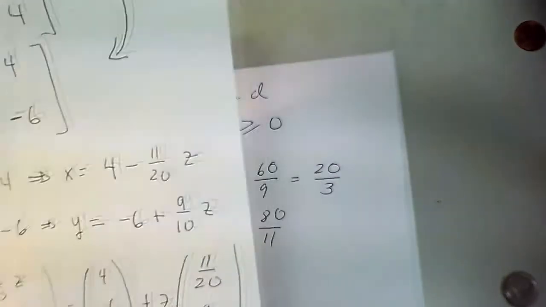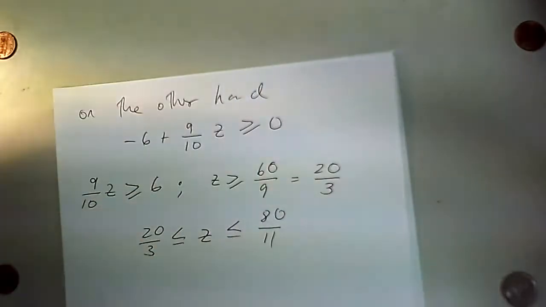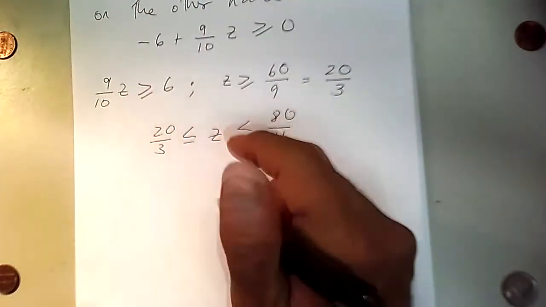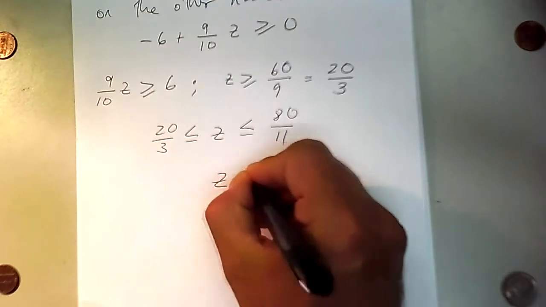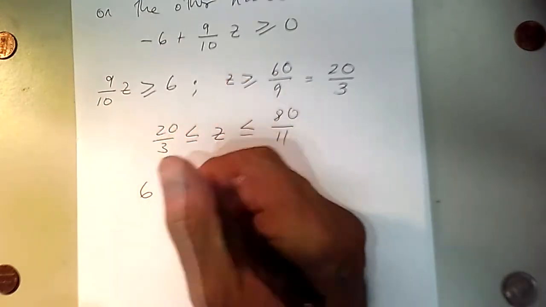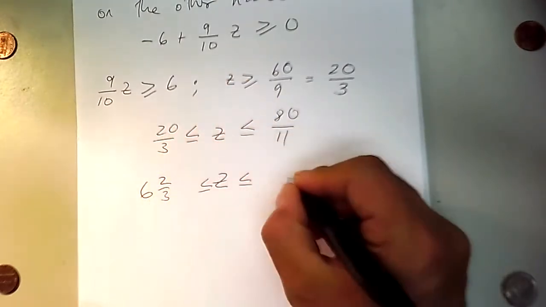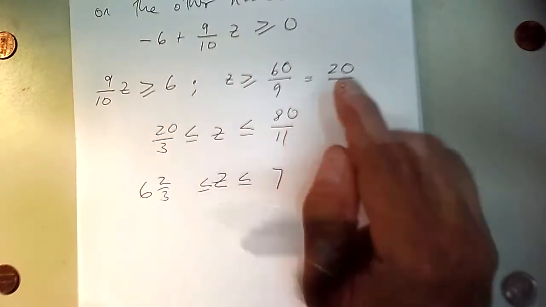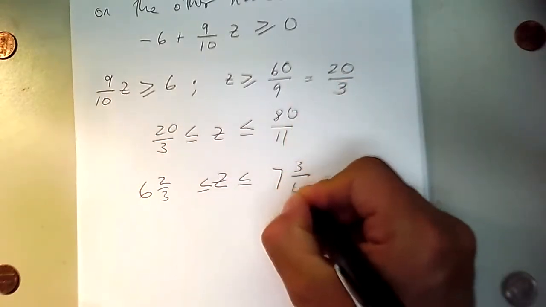As a mixed number, z has to be between 6 and 2/3 and 7. 11 times 7 is 77, so there's 3 11s left over.